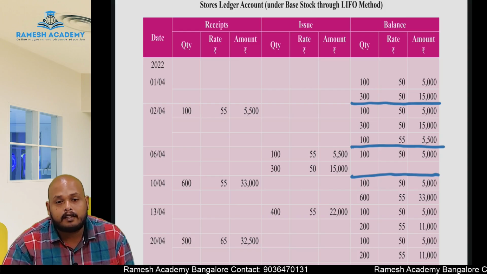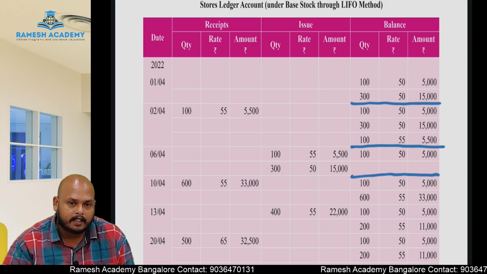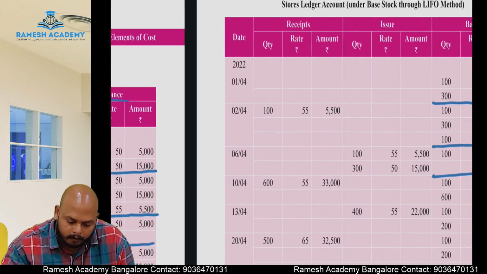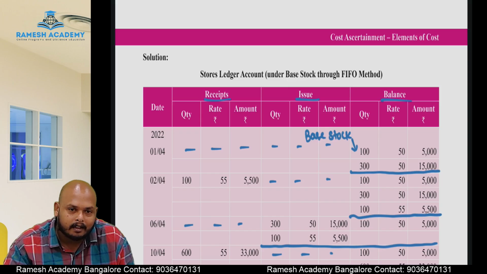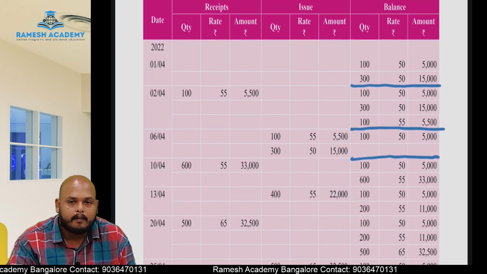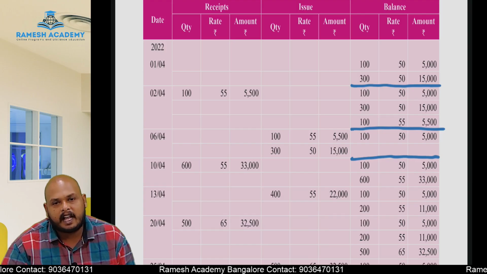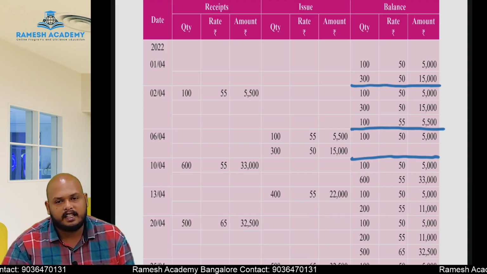So there is no difference in the previous and this, but presentation will be differing. If it is first in first out, first we wrote 300, correct? But here, last in first out means first we are writing 100. Presentation matters. Okay? Next, when the number of transactions increases, values also will change.